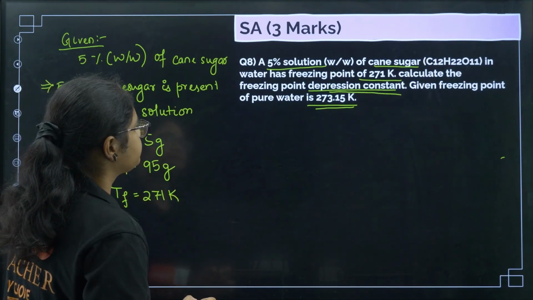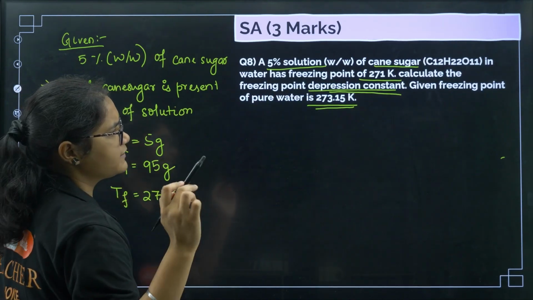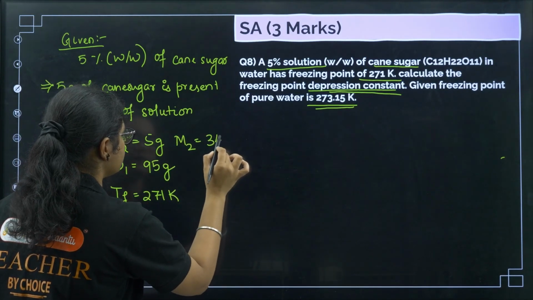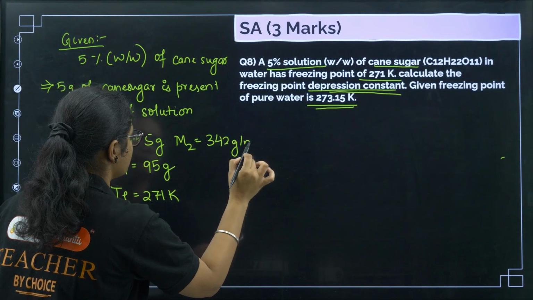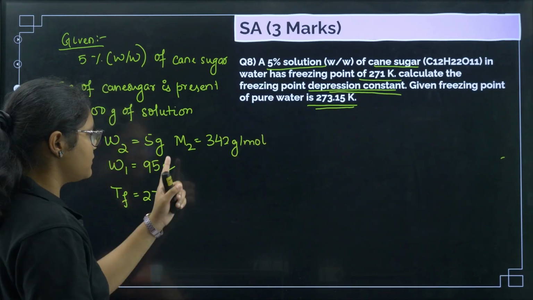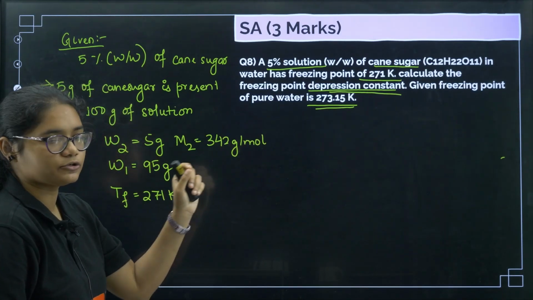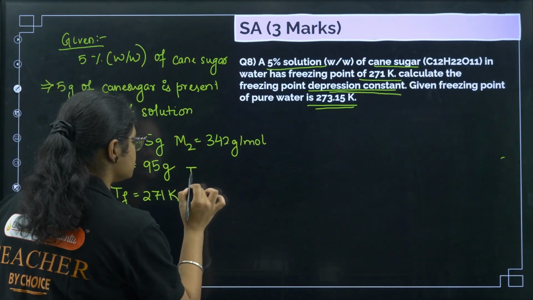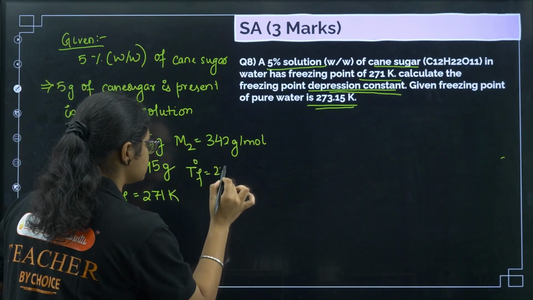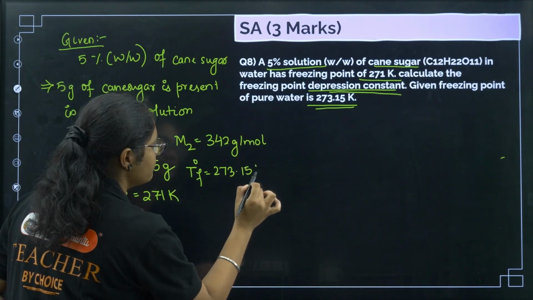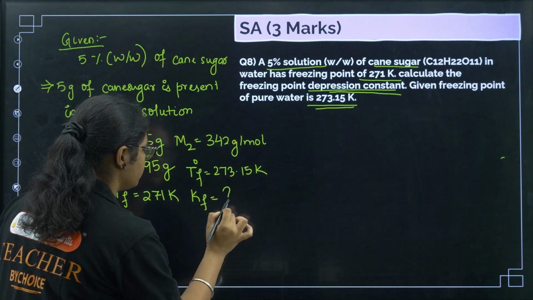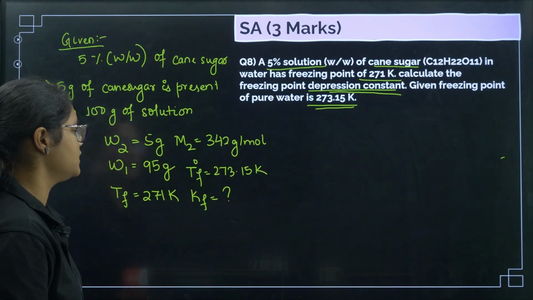Next, cane sugar formula is given, so we can easily calculate the molar mass. M2 of cane sugar, you should remember, is 342 gram per mole. Whenever I am writing molar mass, the unit should be gram per mole. Then we have been given T naught F, that is 273.15 Kelvin. Now we need to find Kf, that is your freezing point depression constant.